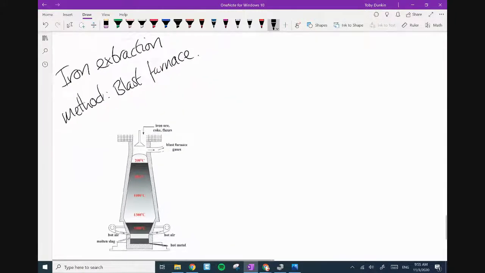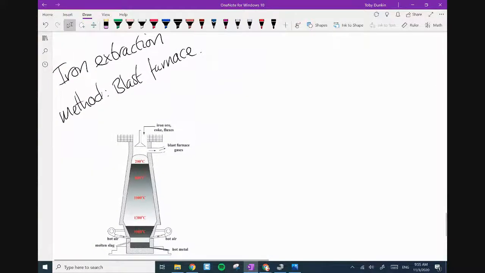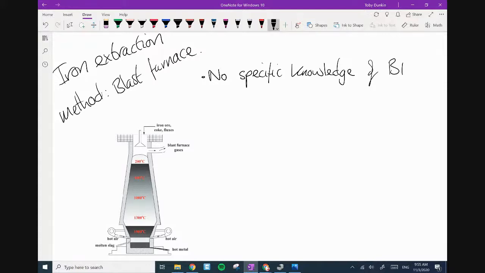Now, for Edexcel IGCSE, you do not require any knowledge of this particular picture. But what you are expected to know, so no specific knowledge of the blast furnace, but need understanding.